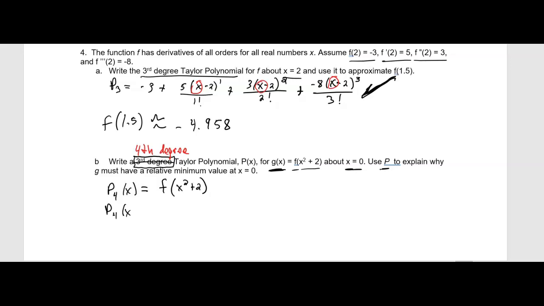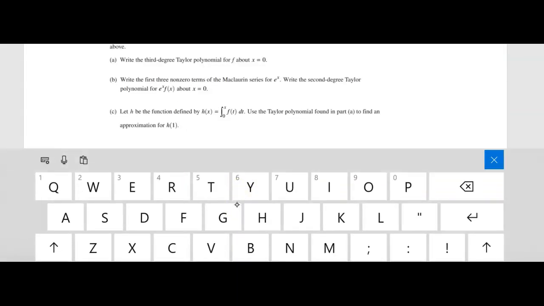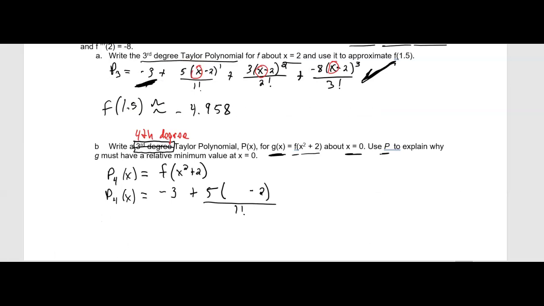So p sub 4 of x means we're going to take the original function, so the -3, we definitely would have that, plus 5 times, and now instead of x minus 2 to the first power over 1 factorial, wherever we have an x, our new composite replaces the x with x squared plus 2.